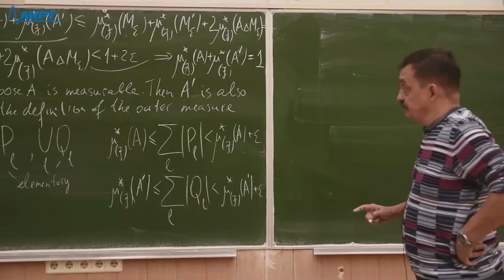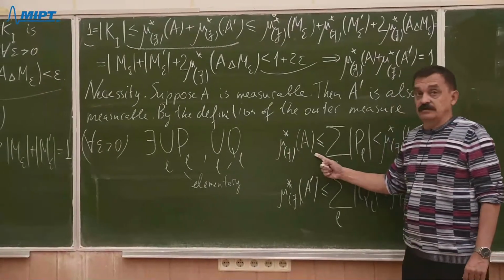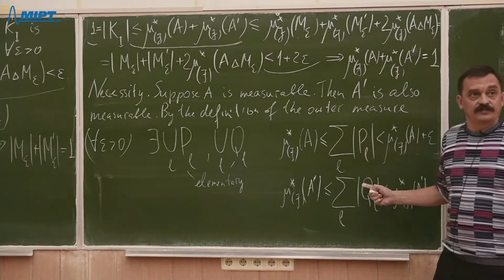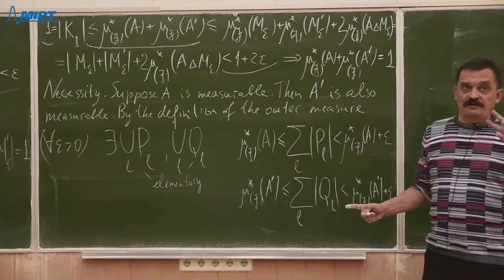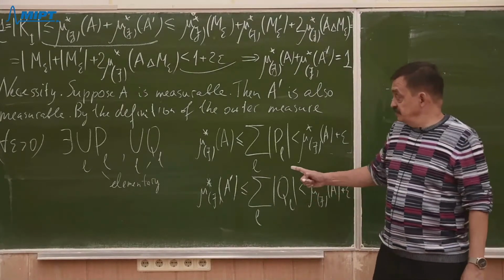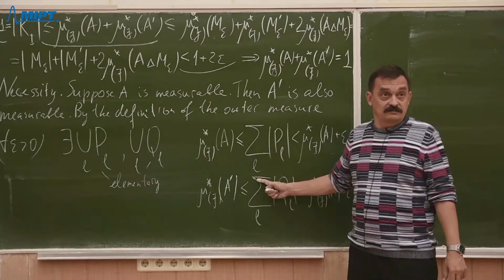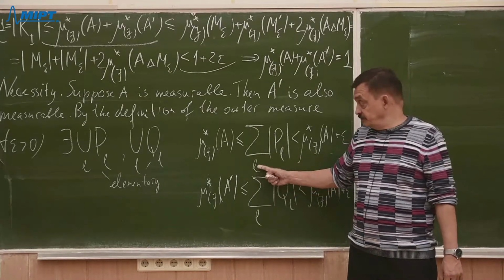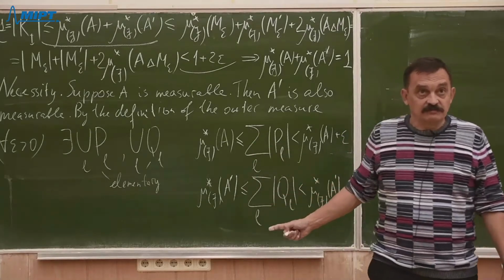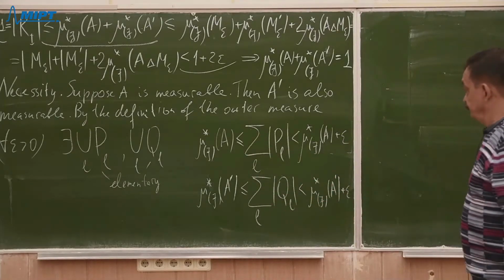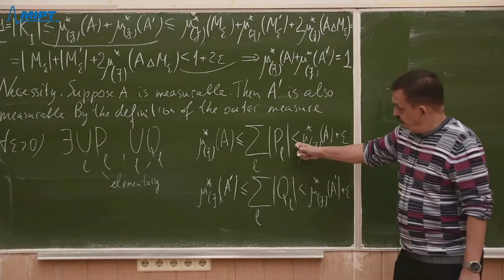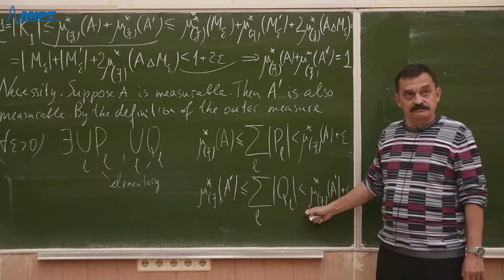That is by the definition of the outer measure. Because what is the outer measure? That is the infimum of all such sums. And what is the difference between Lebesgue and Jordan? The difference is in how many terms. For Jordan, we have finitely many. For Lebesgue, we have infinitely many. Now, look at the right-hand side.